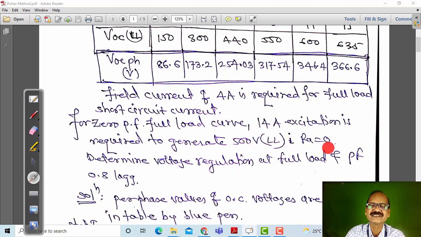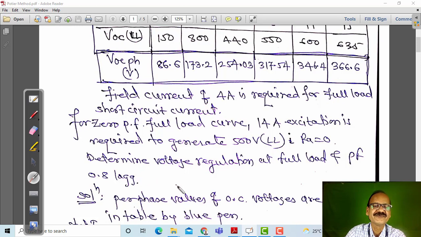Assume that the armature resistance is 0, that is, neglected. Determine the voltage regulation at full load and power factor 0.8 lagging, 0.8 leading, and unity power factor also.